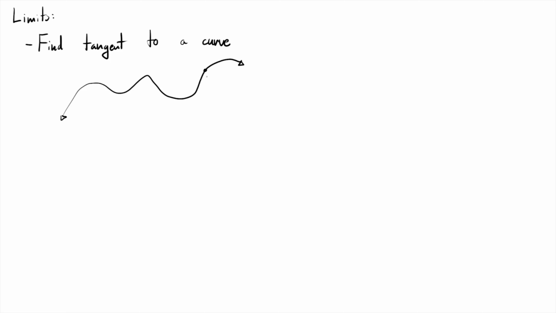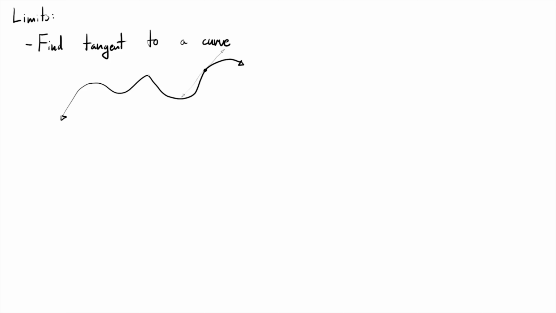So it only touches one point of a graph. And really what that tangent line is telling me is the slope of this curve at that specific point. So at this point, that tangent line would maybe look something like this. Okay, so that's my tangent line, and that is giving me the slope of the curve at this specific point.